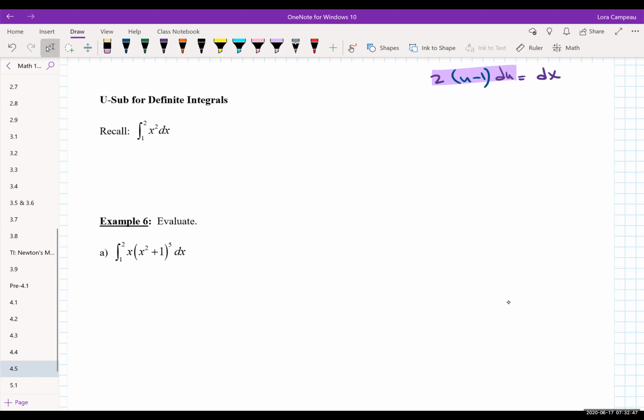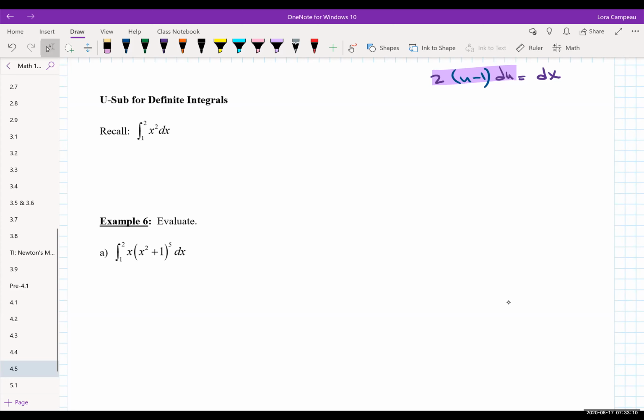So I'd like to show you a couple just so that you can get the hang of it. What's nice about the definite integrals is for the most part, you can use your TI to check yourself. However, if they ever ask for exact answers and they want you to show your work, then you do have to show your work. So let me see if we can recall one last time.